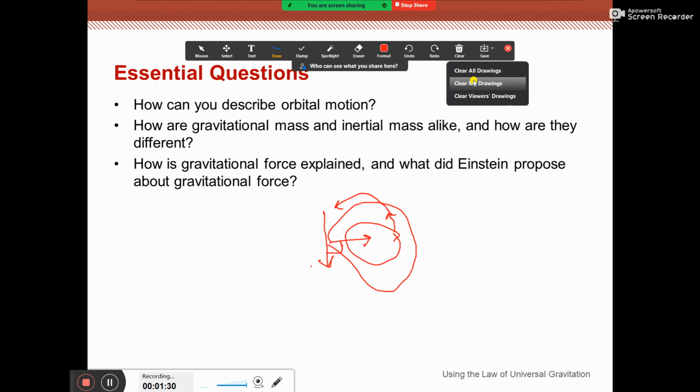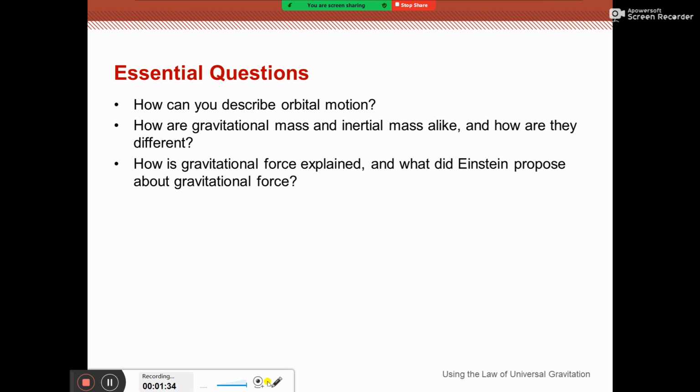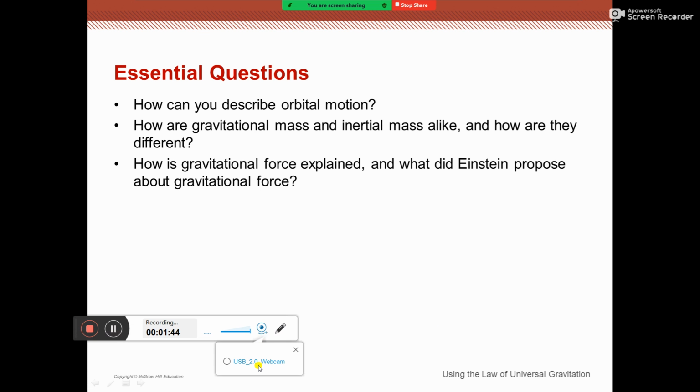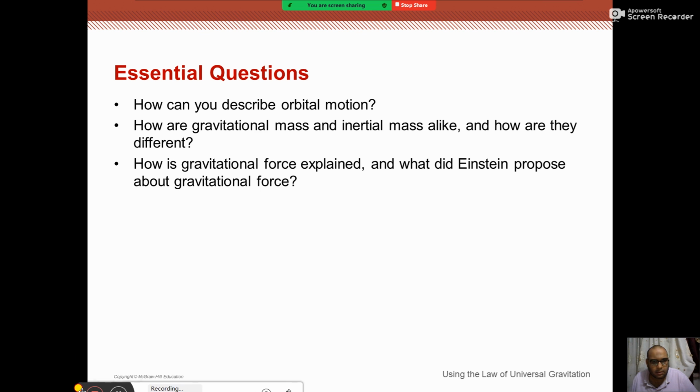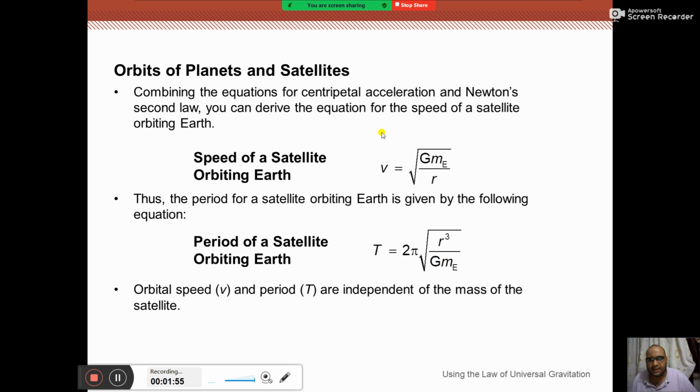Using the universal law of gravitation and also using the centripetal acceleration, a equals v squared over r, we're going to find the solution by solving these equations together.